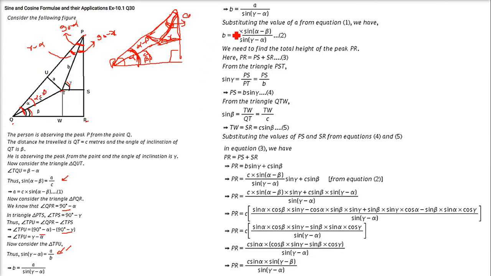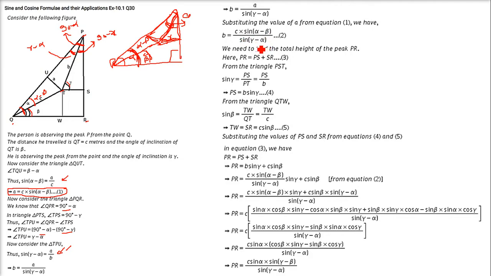Now we will substitute A here in this equation, putting in place of A, C sine alpha minus beta. So you get B equal to C sine alpha minus beta by sine gamma minus alpha.